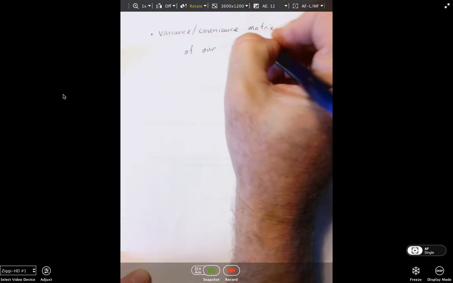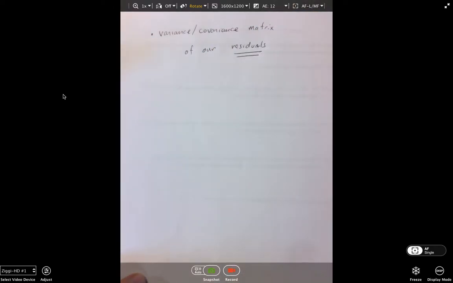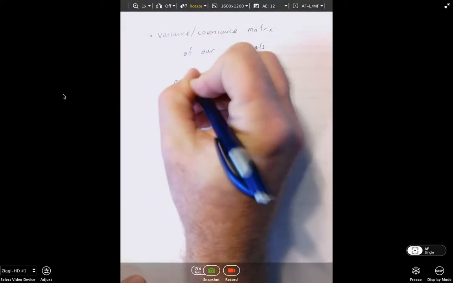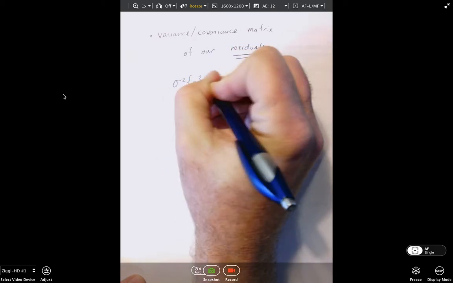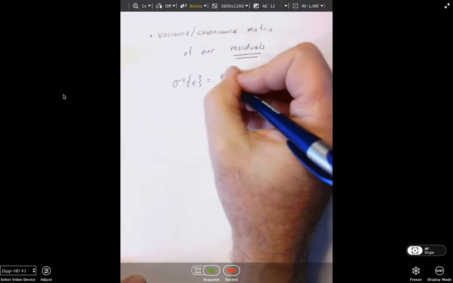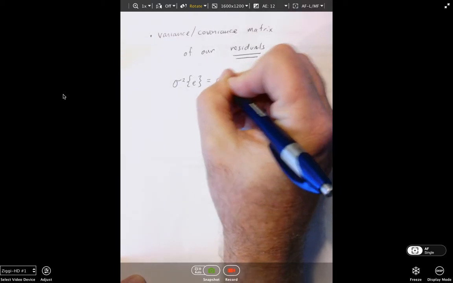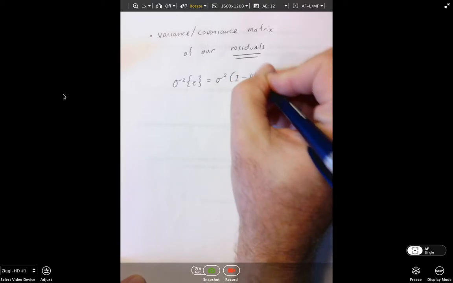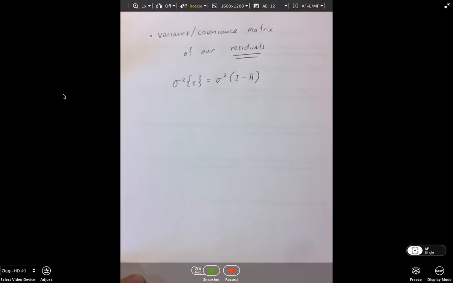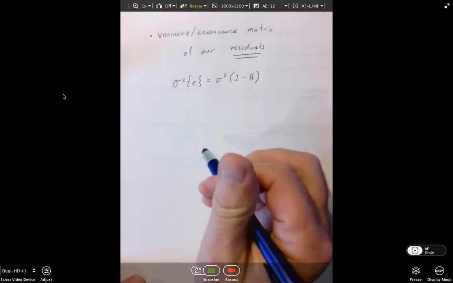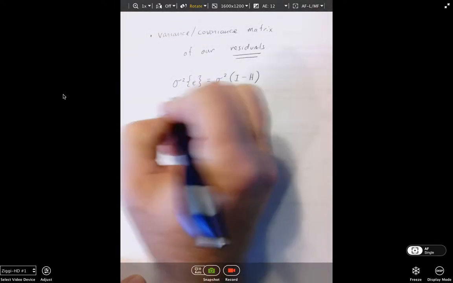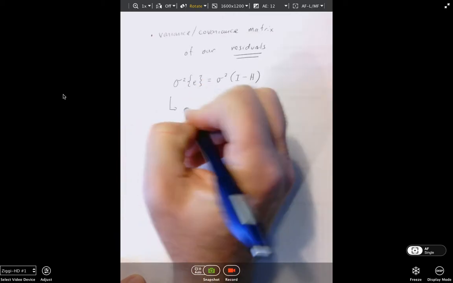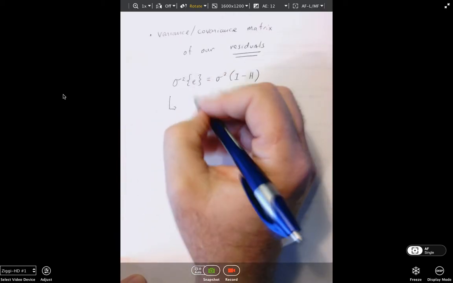Now guys, this is not to be confused with the variance-covariance matrix of our betas, but our variance-covariance matrix of our residuals can be found by this. Now, what this tells us, from this, it tells us actually a couple of things.